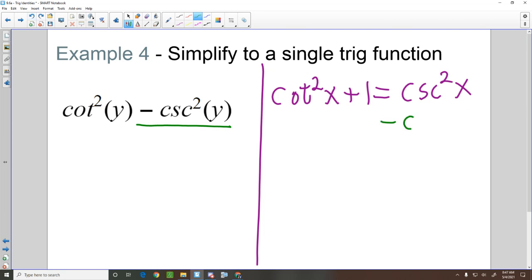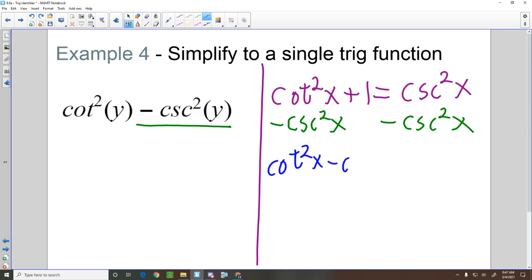I'm going to subtract cosecant squared of x. Because now when I write this out, I can say, hey, this is the cotangent squared of x minus the cosecant squared of x. And that's kind of what I wanted there. Unfortunately, I still have this plus 1.